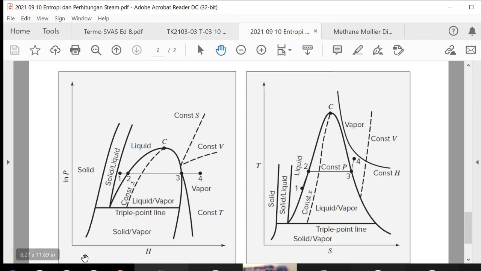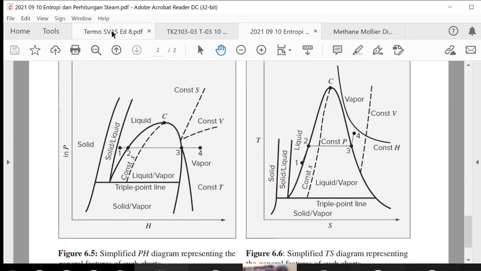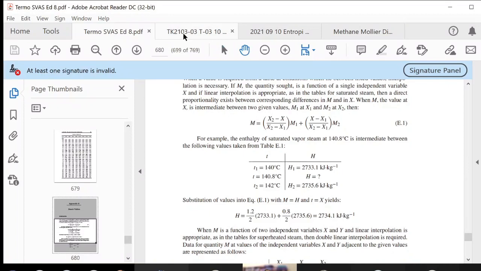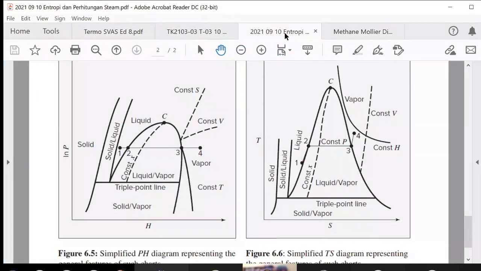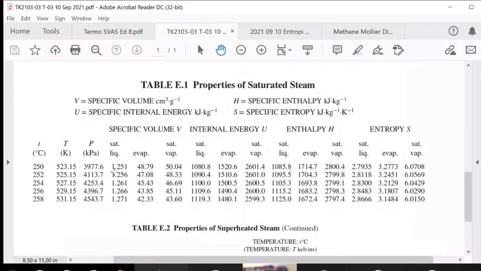If we have the P versus V volume, I think it is not here. Okay, it is somewhere in the textbook, but what we need to see is just the liquid is the one in the left hand side, the specific volume. The right hand side is the specific volume of the vapor. If I have 1.2 kilogram of liquid, and then I convert that, I put the energy, and it becomes vapor all the way.